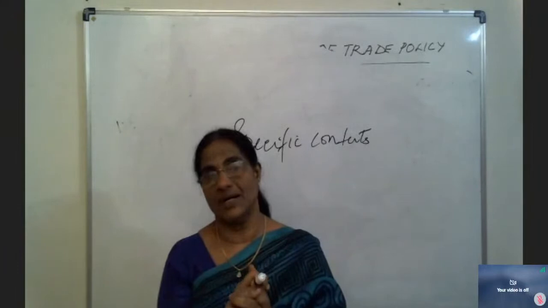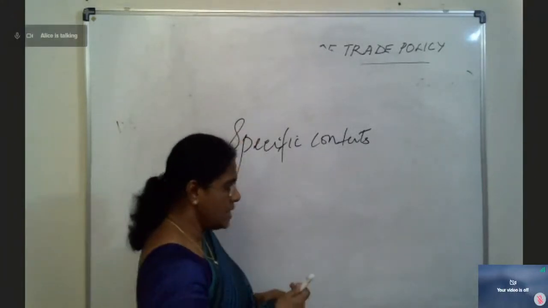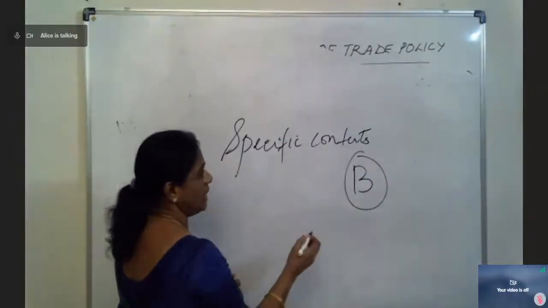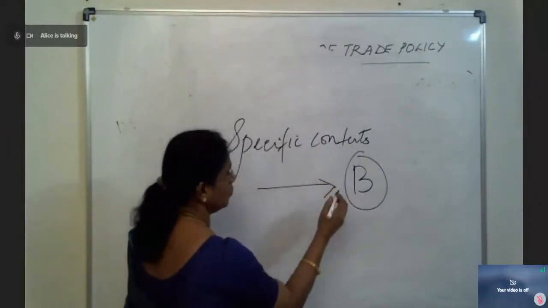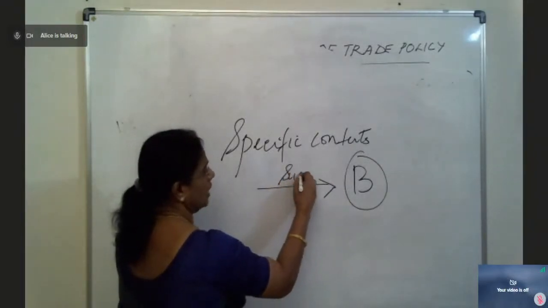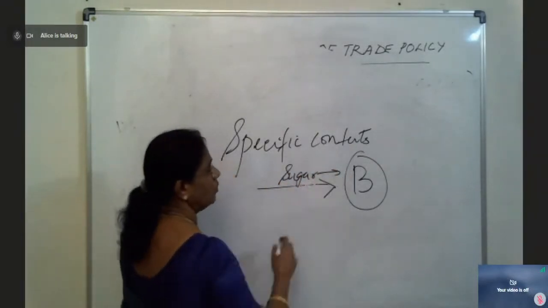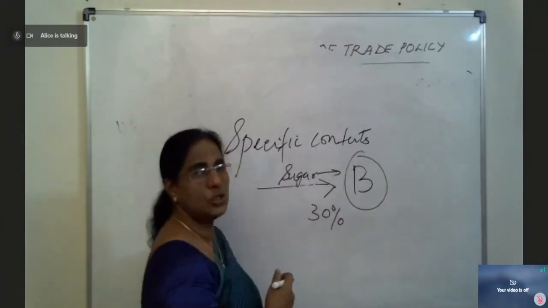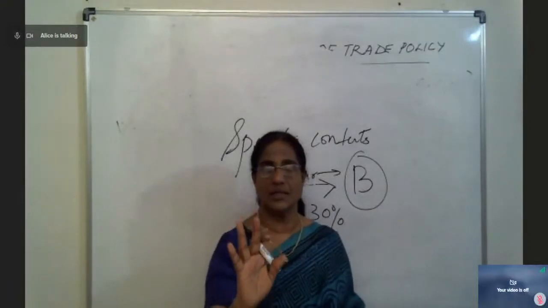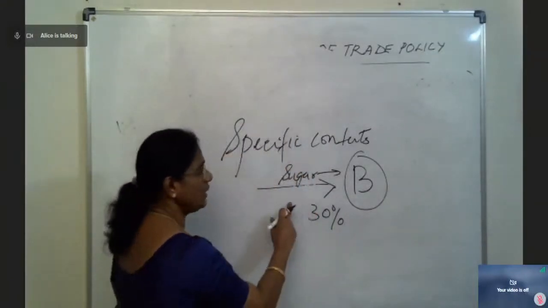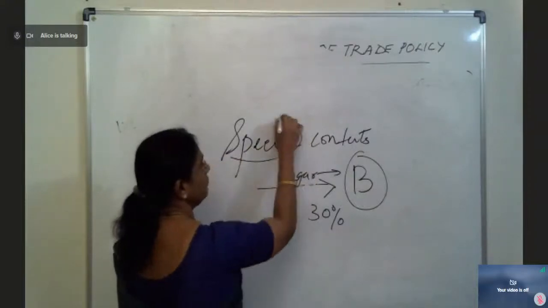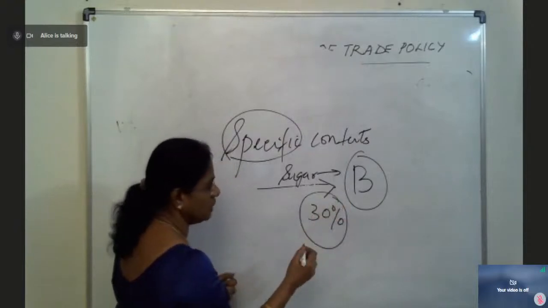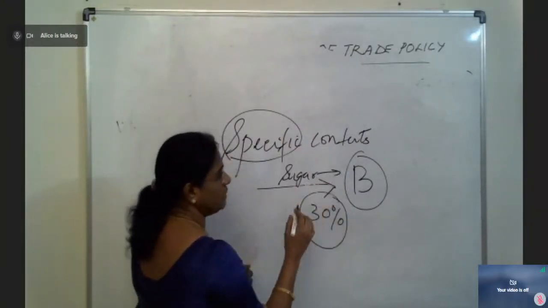Okay, complex technical factors. So for example, country B is very health conscious about their people, okay. So country B does not want sugar content of goods that are imported in their country to be more than 30%, okay. They like the sugar content only less than 30%. So how will they discourage all those biscuits and ice cream and all, which is above 30%?